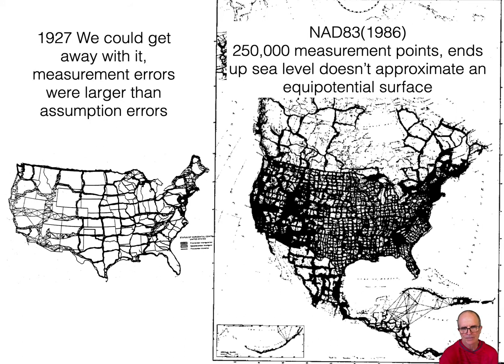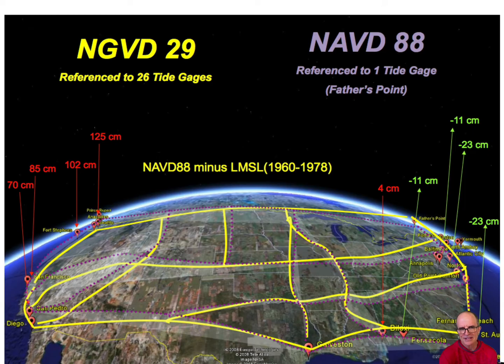And so they were going to do a 1989 or 90 vertical datum in concert with this 1986 horizontal datum that we talked about earlier. The problem is they found that there were discrepancies across the continent that they just couldn't resolve to measurement error.